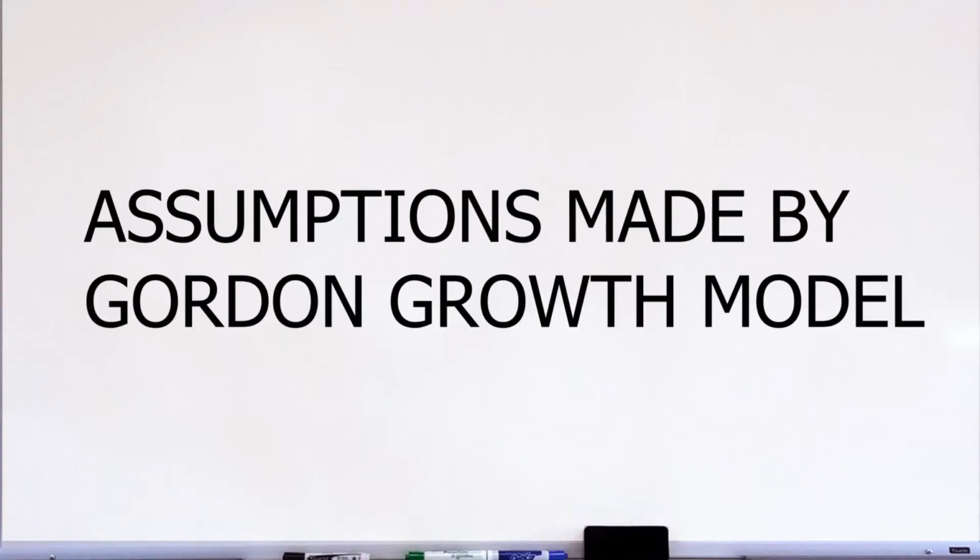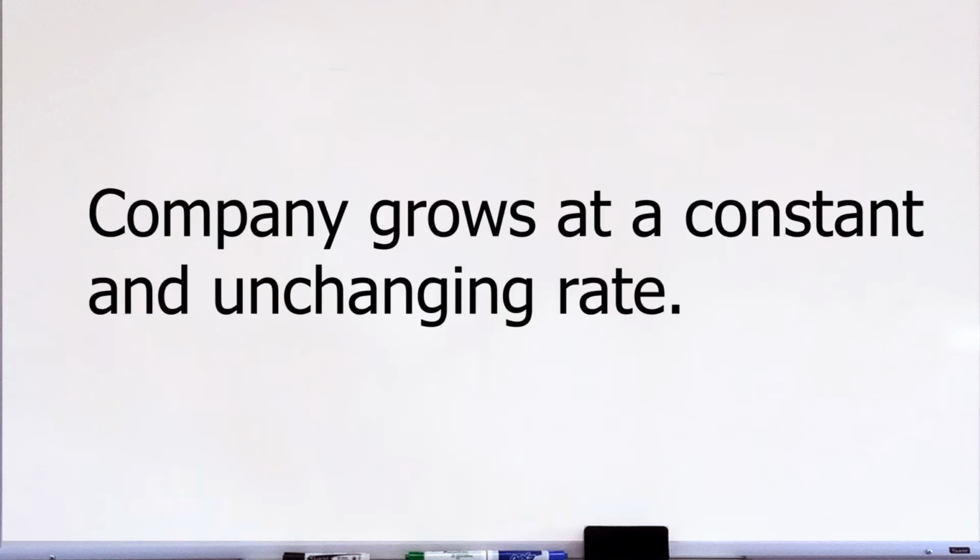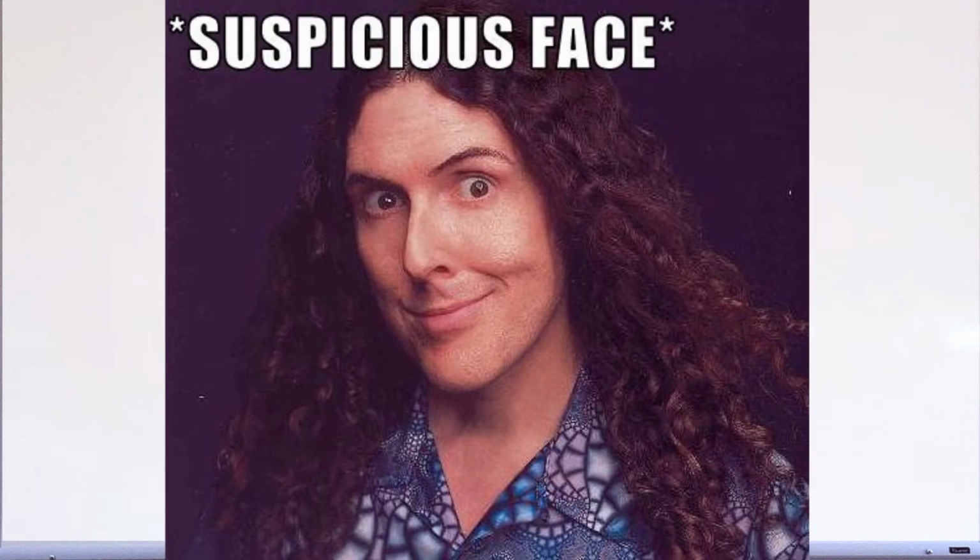Some of the assumptions of the Gordon growth model assume a lot of the following conditions. The company's business model is stable. For example, there's no significant changes in its operation. It also assumes that the company grows at a constant and unchanging rate, which is very unlikely.